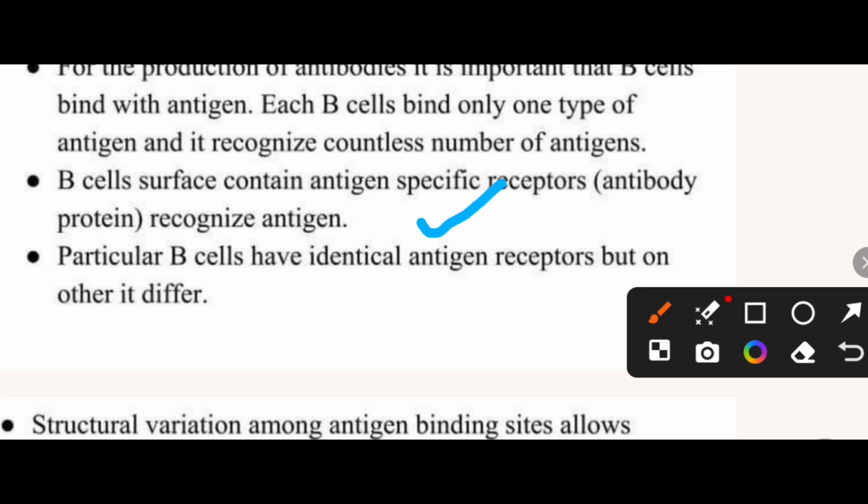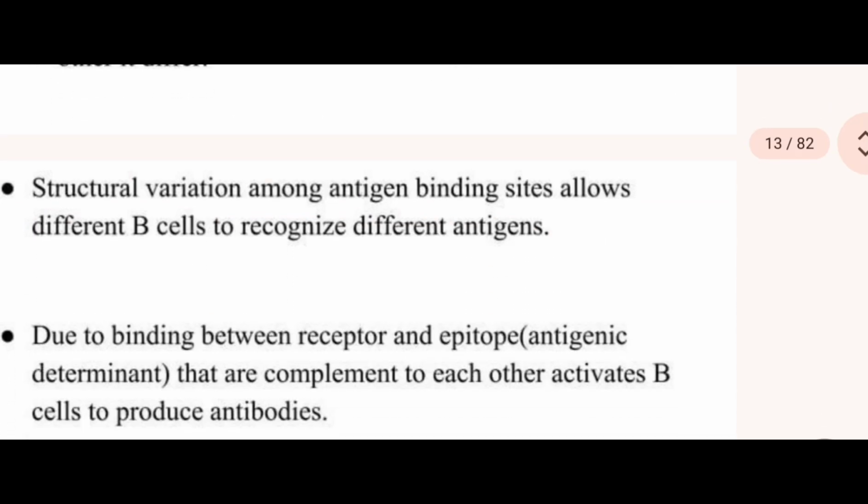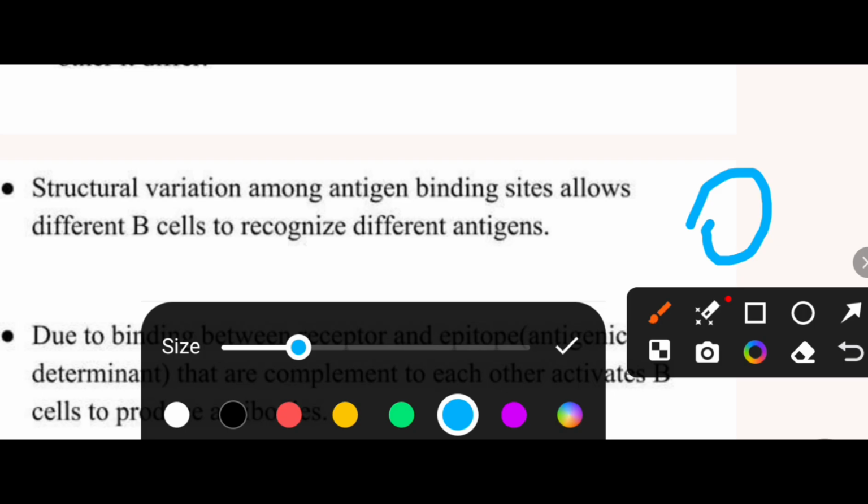Particular B cells have identical antigen receptors, but on the other hand it differs. So structural variation among antigen binding sites allows different B cells to recognize different antigens. Suppose there is a foreign invader, a bacteria, and it will have different kinds of antigens on it, right?